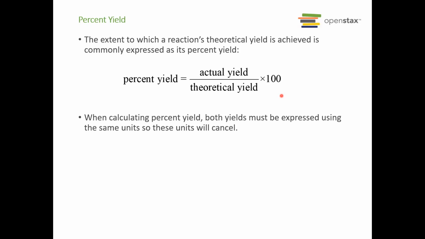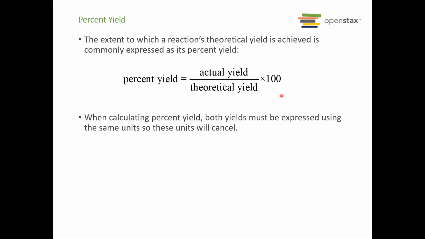But with this, just note that the actual yield is going to be a mass. So that'll be something in grams or kilograms. The theoretical yield, we need it in the exact same unit. Just like with dimensional analysis, if we've got a unit on top and then have that same unit on the bottom of a later step, those units cancel. It's going to be the same thing here. So we'll either have grams over grams, kilograms over kilograms.